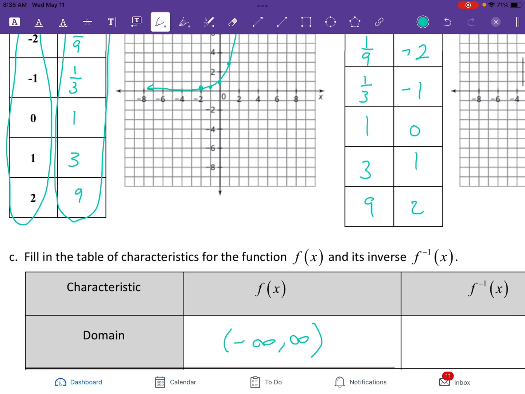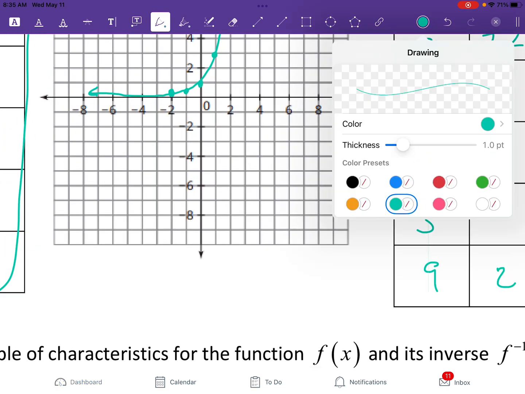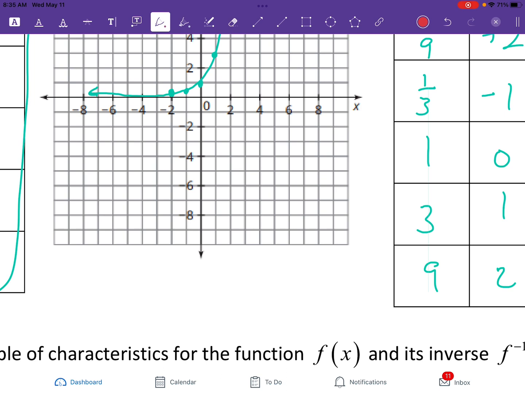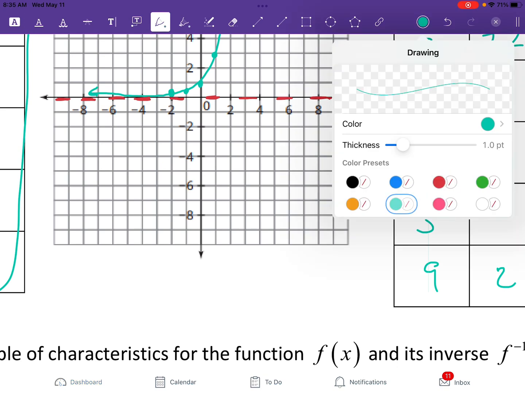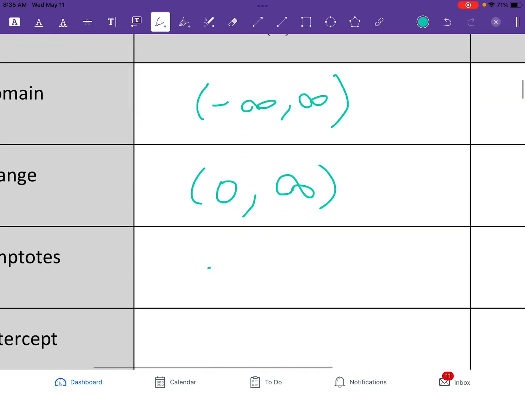All right. The asymptote, that invisible line that is a boundary for the graph, I'm going to draw it in right here. It's on the x-axis, which is why the graph can't go underneath the x-axis, because there's an asymptote there. And the equation for that asymptote is y equals 0.